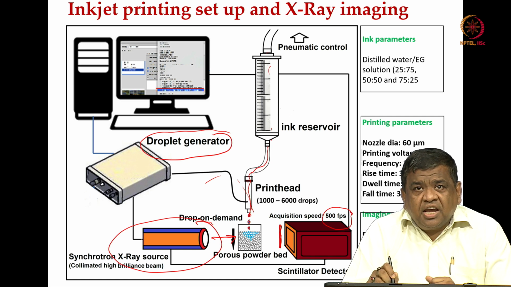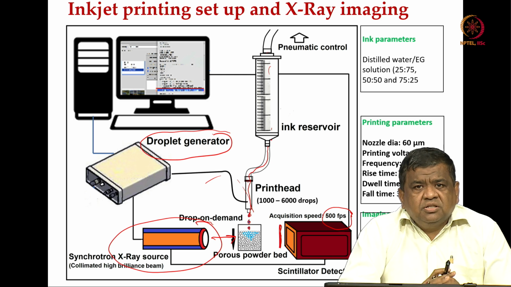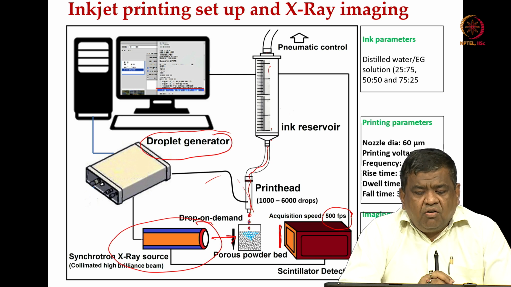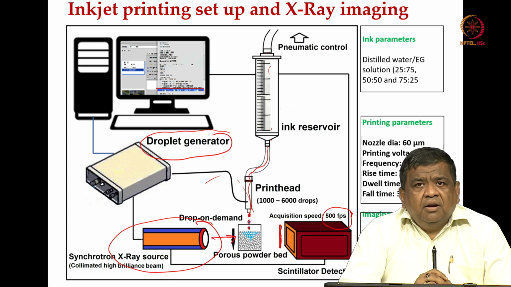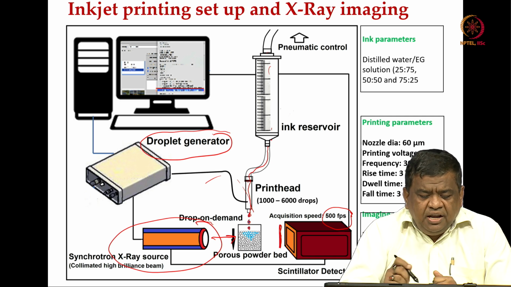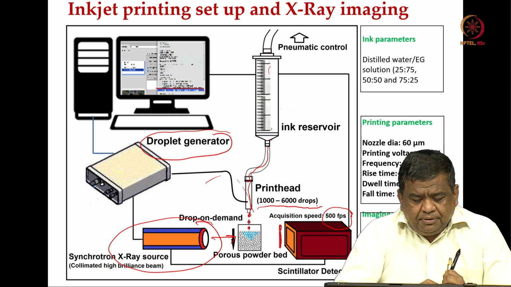So each second 500 frames will be continuously acquired and recorded. You can imagine the quantum of data that would be generated over the entire experimental time, which will spread over several seconds. And this print head, once it is released, releases 1000 to 6000 drops.